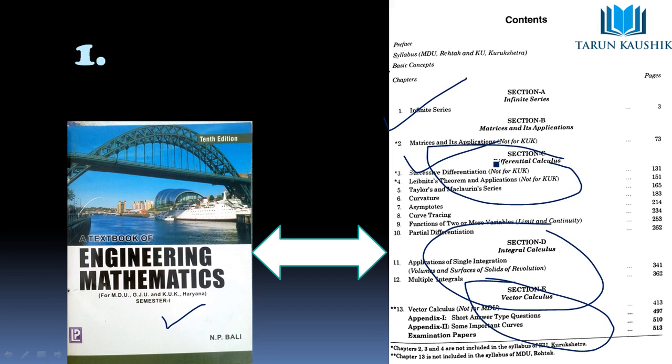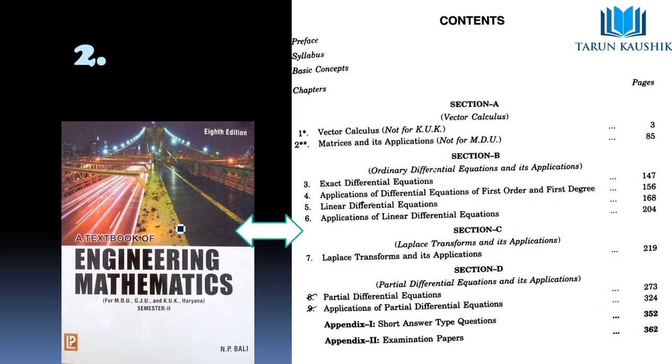What I have noticed is that in the UPSC mains, the questions come directly from this book. The examples of this book are frequently asked in UPSC mains. This is the semester 2 book, and its content is vector calculus, ordinary differential equations, Laplace transform, which we will be doing, and partial differential equations. So this book is very helpful.